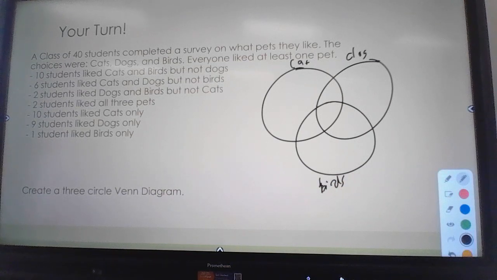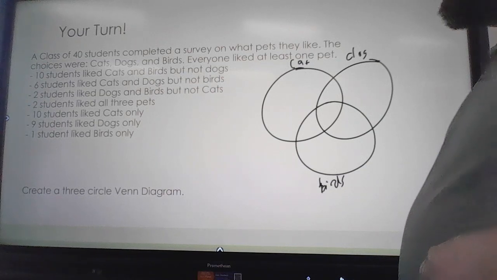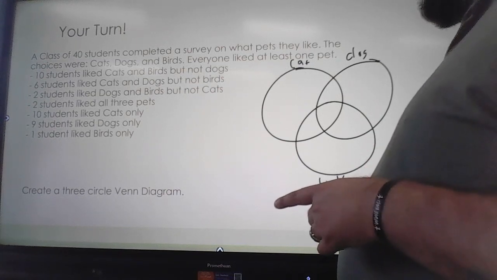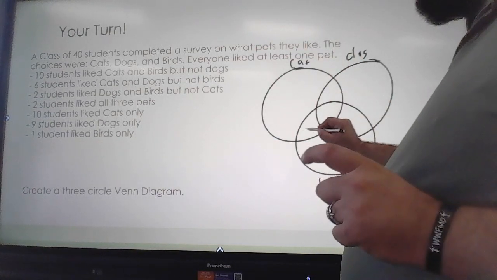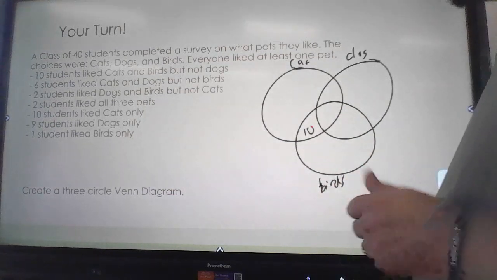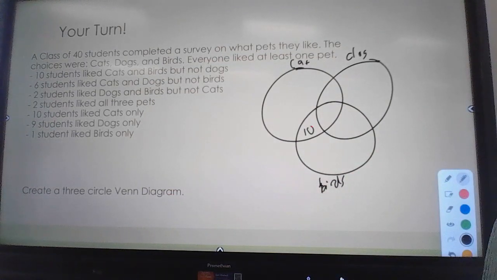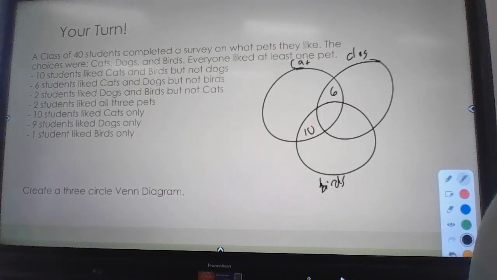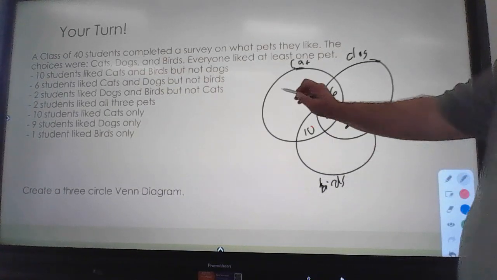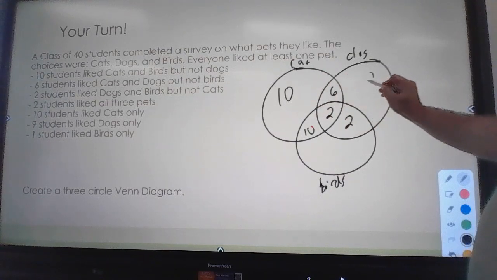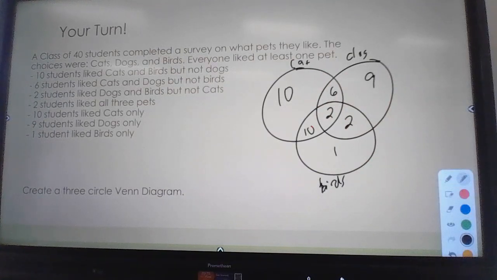And let's say that I have 10 students who like cats and birds, but not dogs. So I need to find where cats and birds overlap, but not dogs. So that's 10 here. 6 students like cats and dogs, but not birds. So we'll put that here. How many students like dogs and birds, but not cats? That's 2. I have 2 students that like all 3 pets, and then I have the individual cases. 10 like cats only, 9 like dogs only, 1 likes birds only.